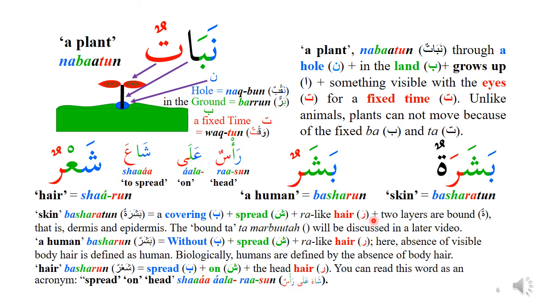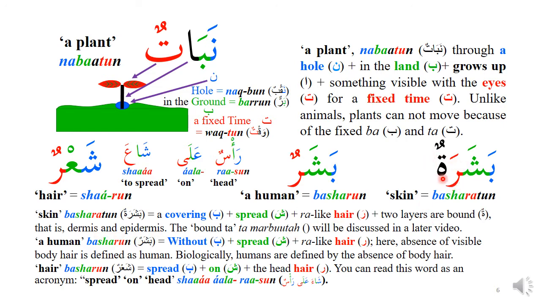And ra looks like hair. Hair looks like ra. So skin is defined as a covering, a spread, which is connected with some ra like hair, and two layers are bound. These two layers are the dermis and epidermis.